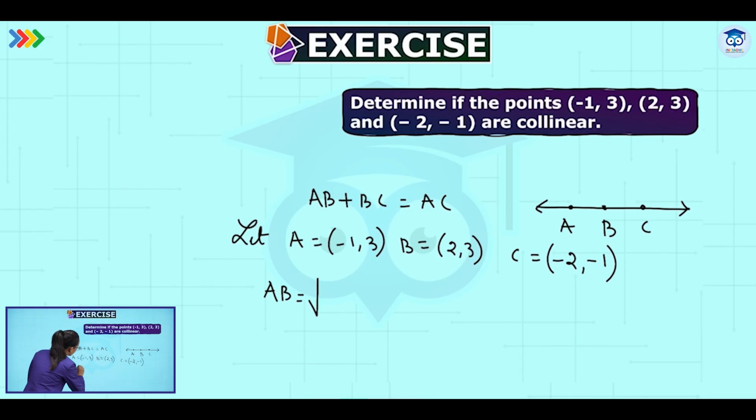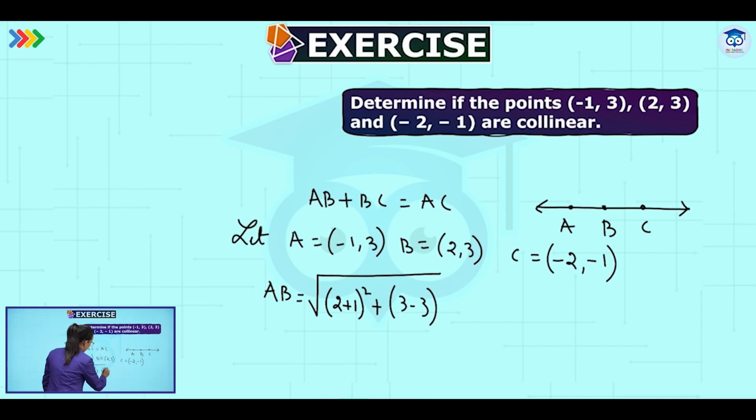The distance between any 2 points is the square root of the square of the difference of the first coordinates plus the square of the difference of the second coordinates. So we have 2 minus of minus 1, so 2 plus 1 whole square, plus 3 minus 3 whole square. This will be 0, so it's 3 squared, so 3.